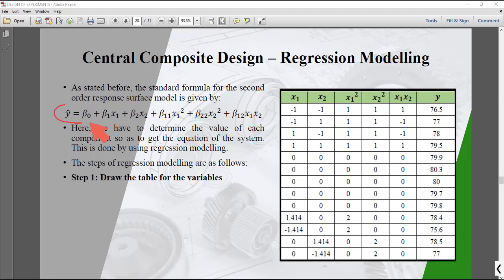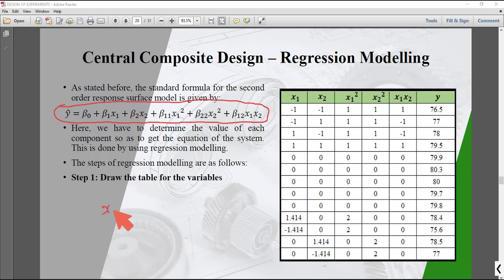So this is the general equation of a second order two factor central composite design. Okay, two factors and second order.